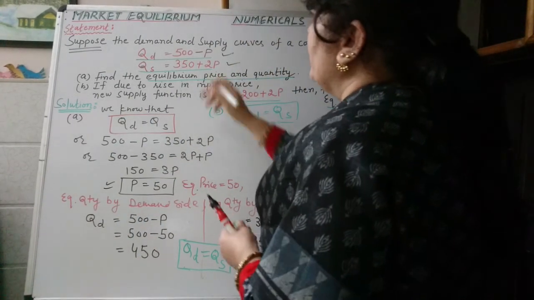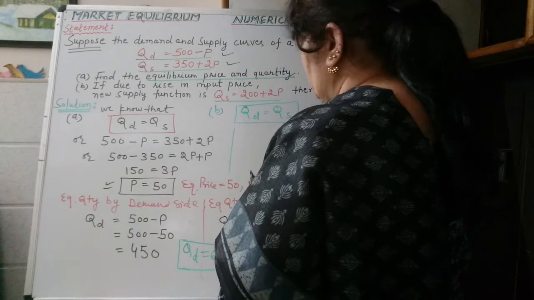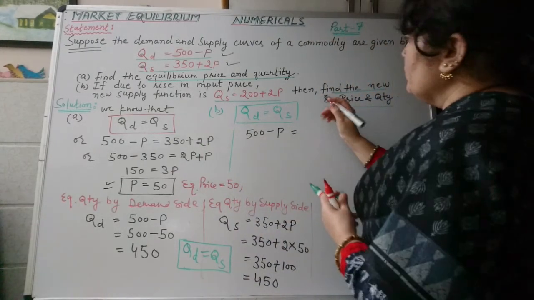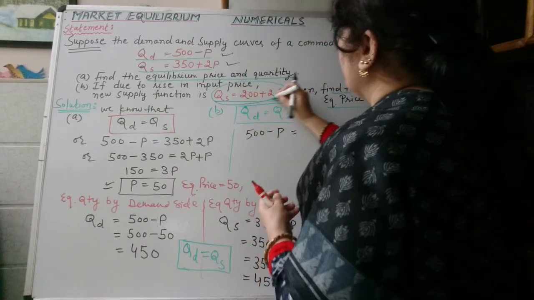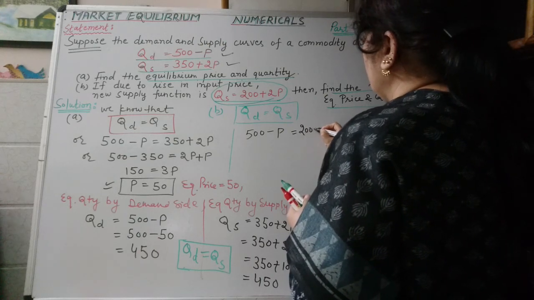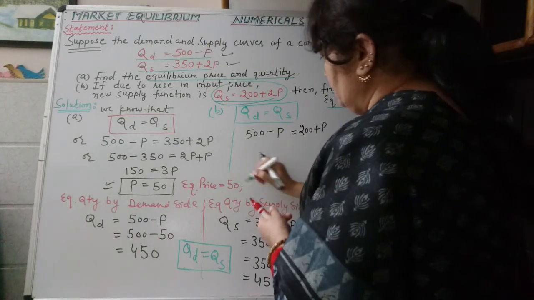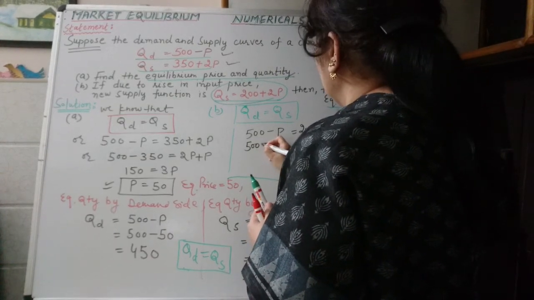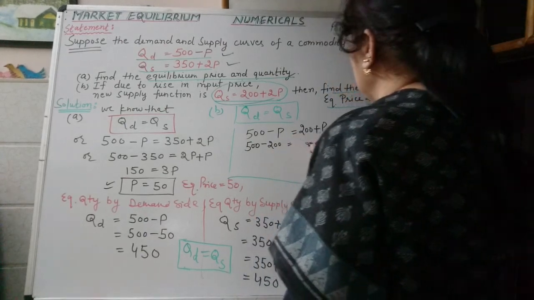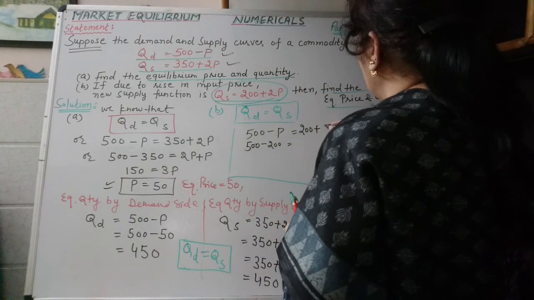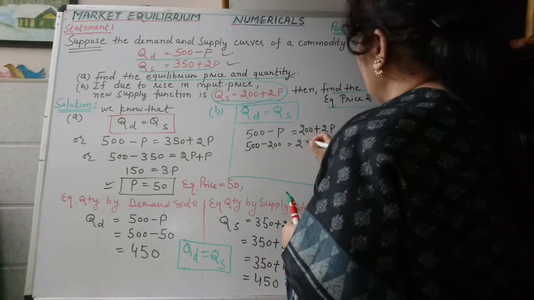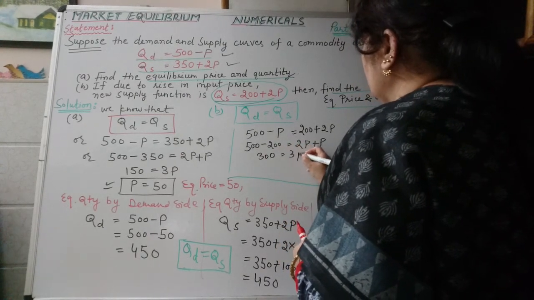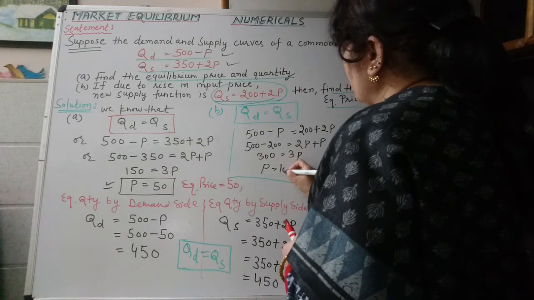Now quantity demanded is equal to 500 minus P, and we have to put the new quantity supplied, which is 200 plus 2P, or 500 minus 200 is equal to 2P plus P, or 300 is equal to 3P, or P is equal to 100.